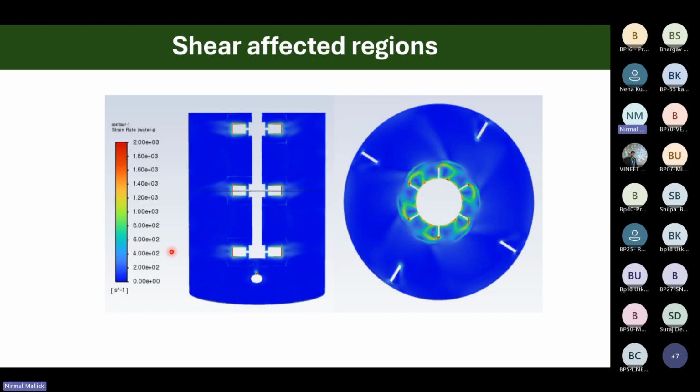The reason is that the shear resistance for mammalian cells is somewhere around 1700 to 2000 strain rate. Okay, so in this contour plot, you can see how the shear rate is increasing near the impeller blades. That's why you do not use the Rushton turbines inside the mammalian reactor.